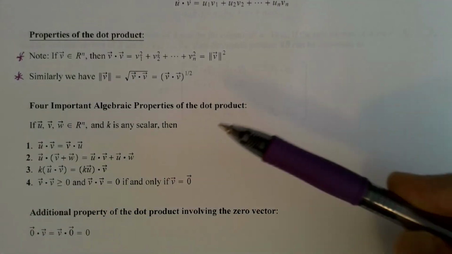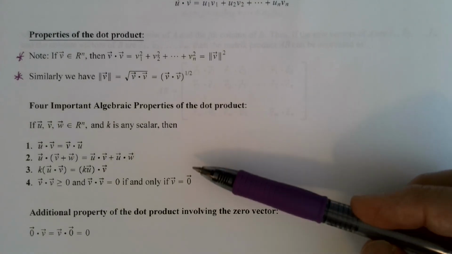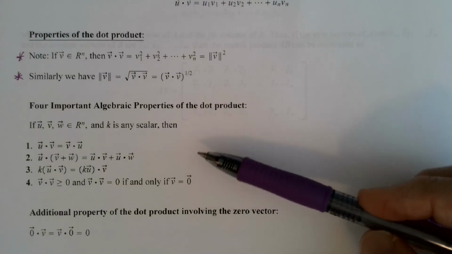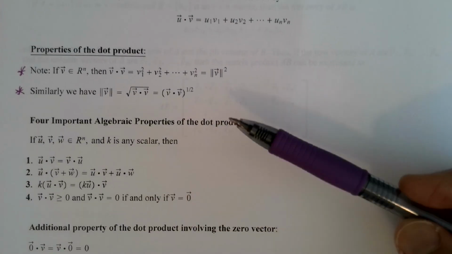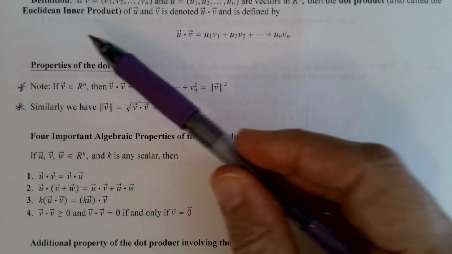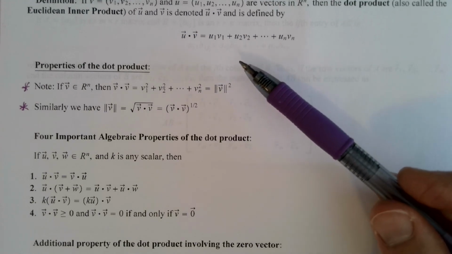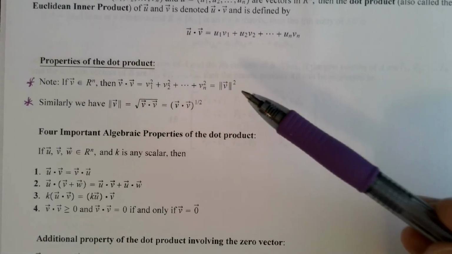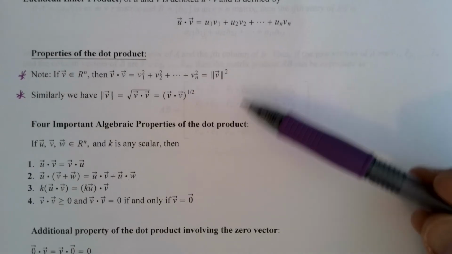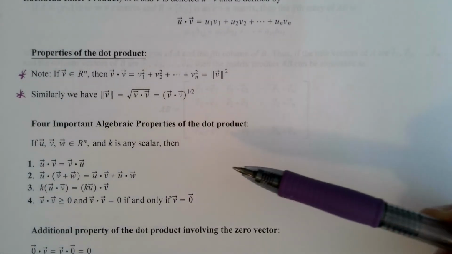Okay. Now these 4 important axioms we will come back to, because at the end of the course we will be talking about inner products. This is the Euclidean inner product, as it's been called. But we'll talk about inner products more generally and see that the definition of the inner product can affect the norm and our sense of measure, distance between vectors, and so on and so forth.